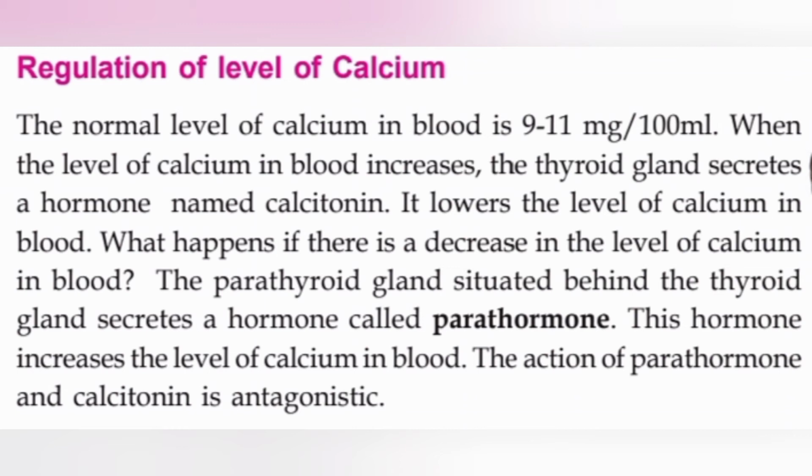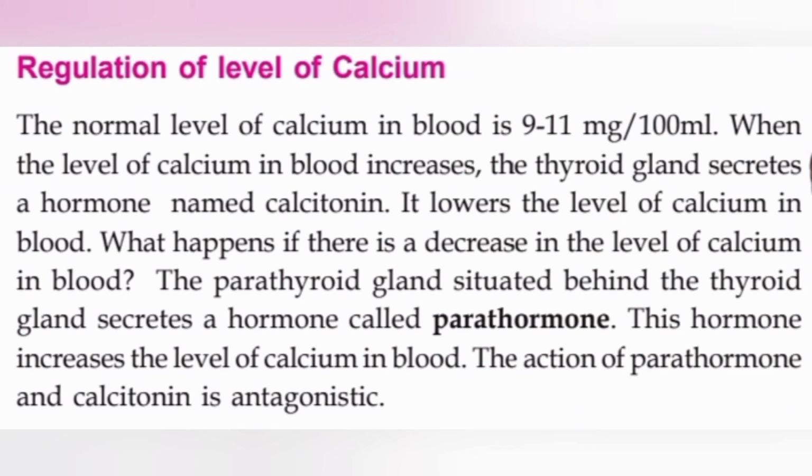From the name itself, calcitonin, you should know its relation with calcium in blood. I will explain clearly. The normal level of calcium in blood is 9 to 11 milligram per 100 ml. That is, if we take 100 ml of blood, 9 to 11 milligram of calcium will be seen.